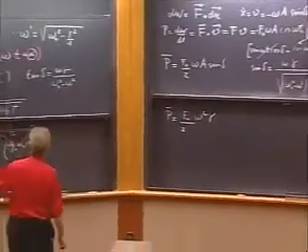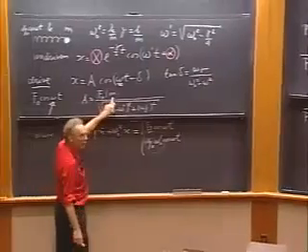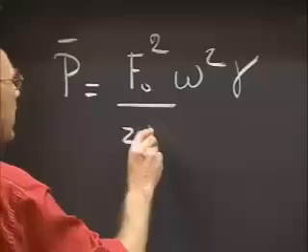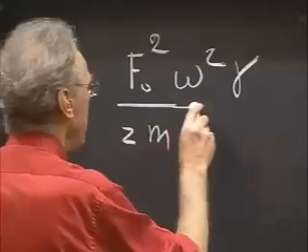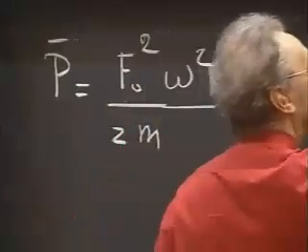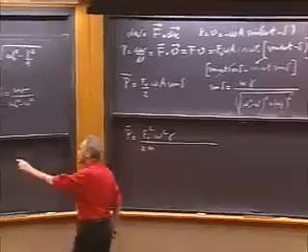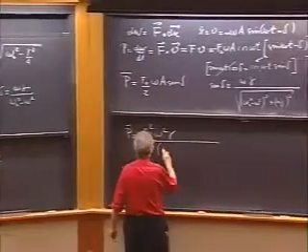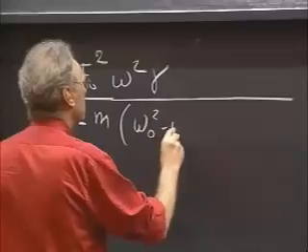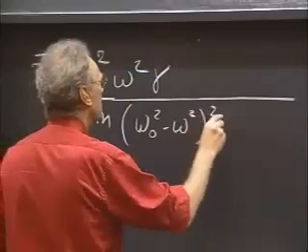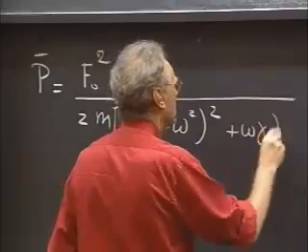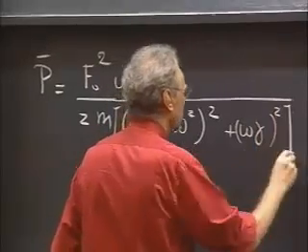And now I turn to the A, which is an F0 over M. So I get a square here, and I get an M here. And now I get this downstairs times this downstairs. The square root disappears, and so I get omega 0 squared minus omega squared, quantity squared, plus omega gamma squared.